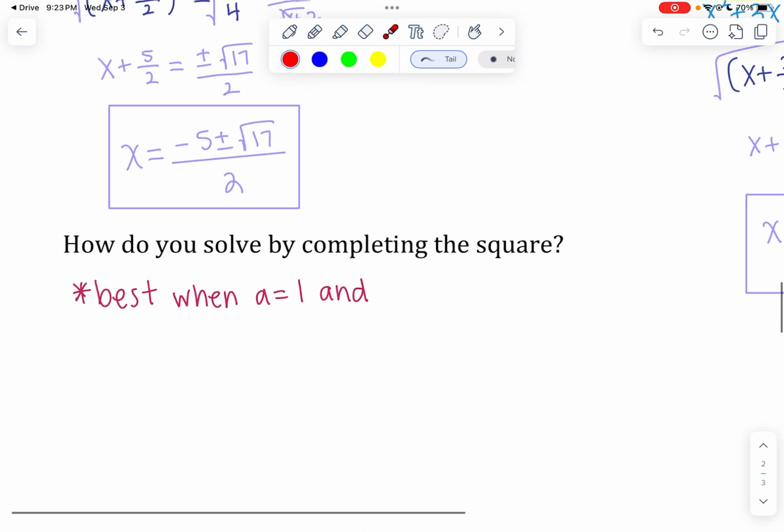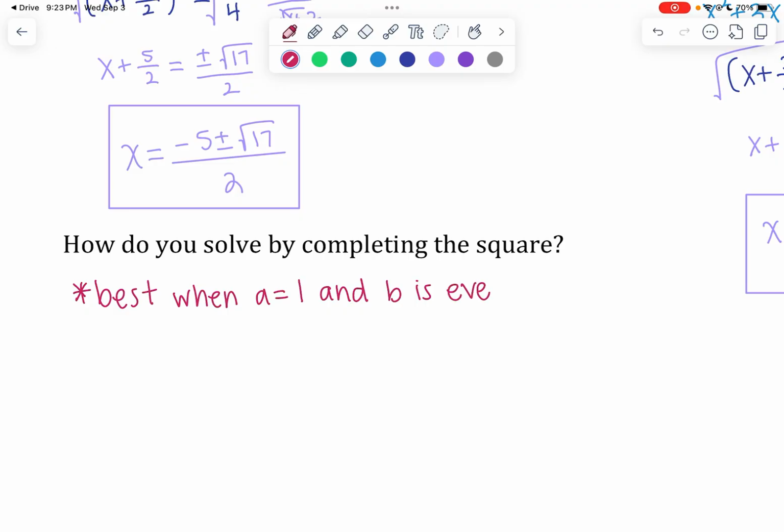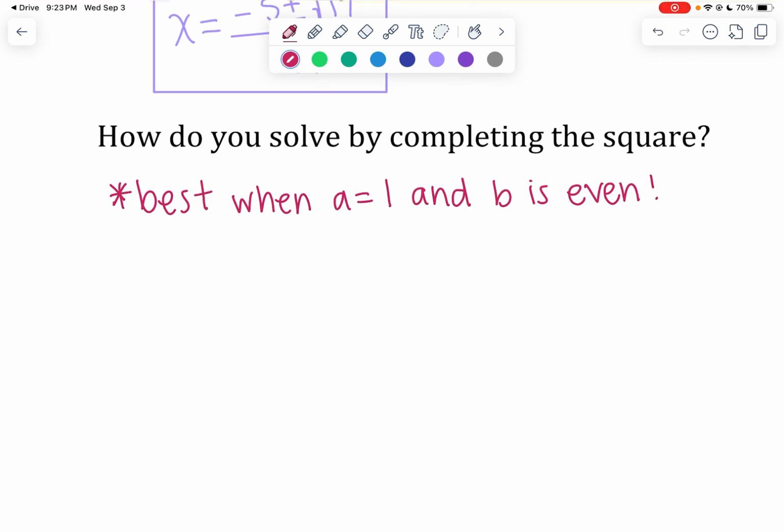So this is really best when a equals 1 and b is even. And if that's the case, then you can solve by completing the square, right? It's best when a is 1 and b is even. Remember, if it factors, you can still solve by factoring, and if there's no middle term, you could still do square root, okay? And then to solve, if a is not 1, that's your first step. Make a equal 1.